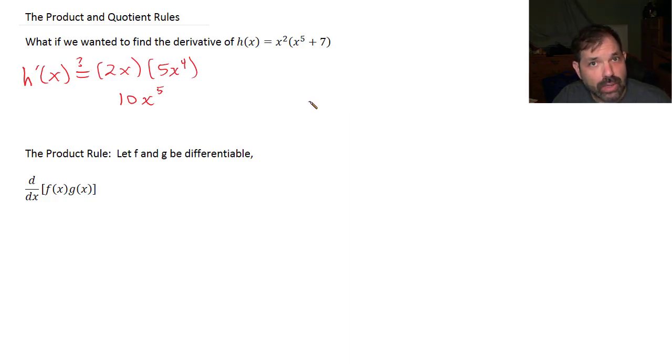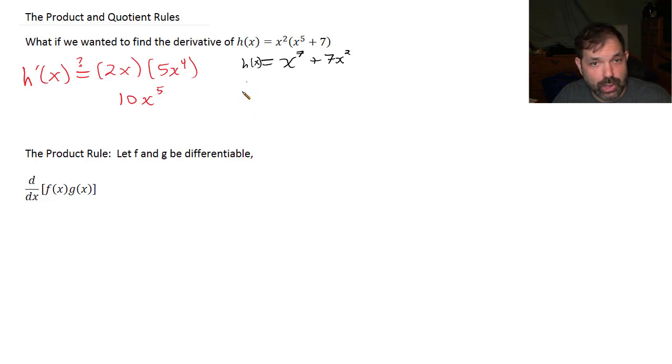Now, I know that this is incorrect, but let's see an explanation of why it's incorrect. Using algebra first, we could have written h of x as equaling x to the seventh plus 7x squared, just applying the distributive property.